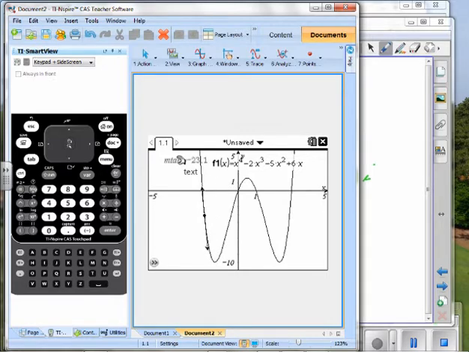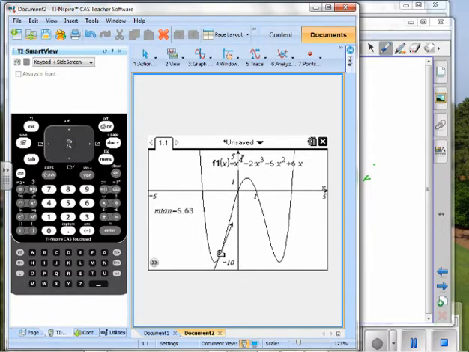It's negative. It will remain negative until I get to where? Until I get down here to -1. And then somewhere in here, that's supposed to be 0.